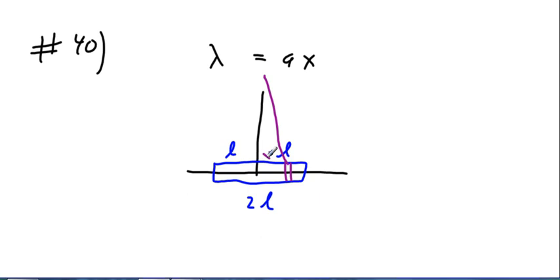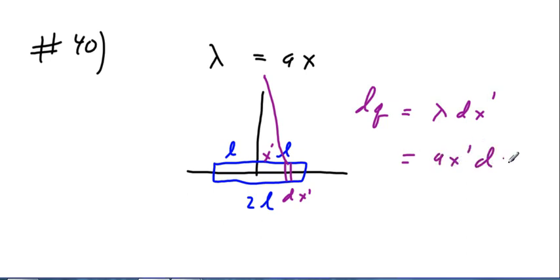We're going to call that length X prime, and this small chunk dx prime. Then my charge dq is lambda dx prime, which is going to be a x prime dx prime.